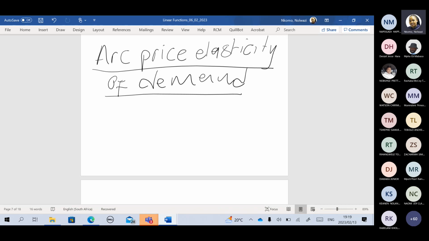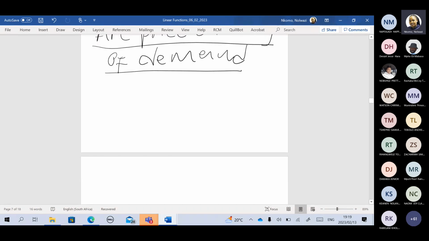This uses the average in price and the average in quantity at the beginning and at the end of the interval. If you are asked, for example, to calculate the arc elasticity of demand between two prices, maybe you are given price 1 to price 2.